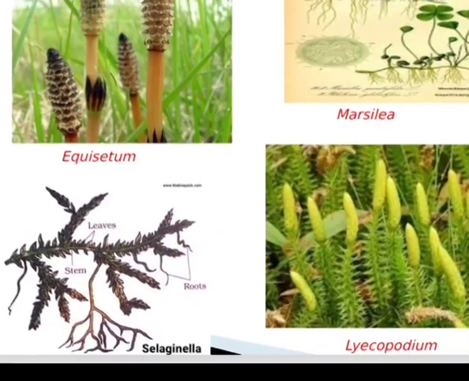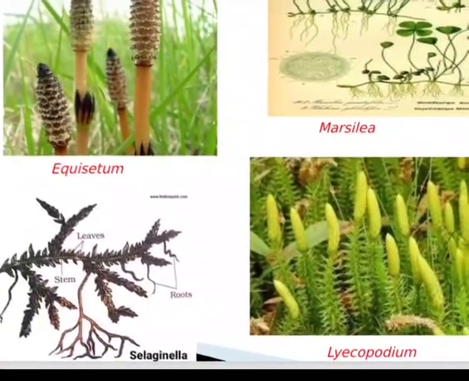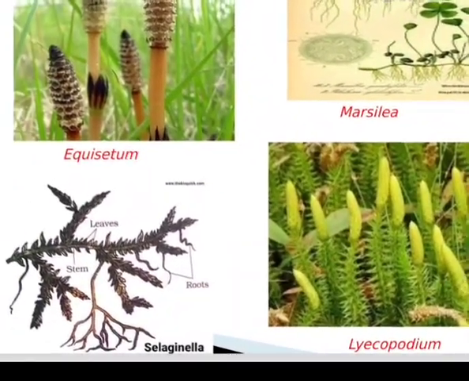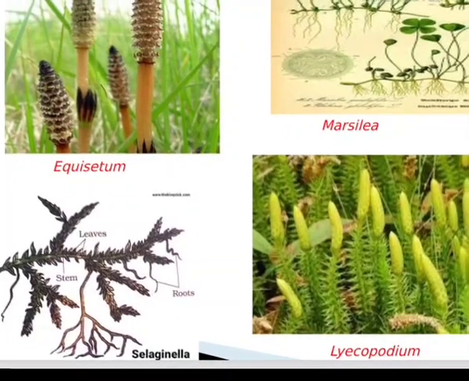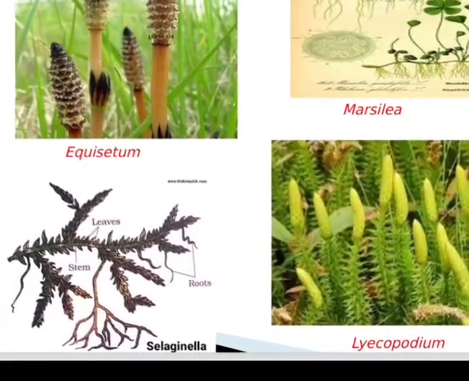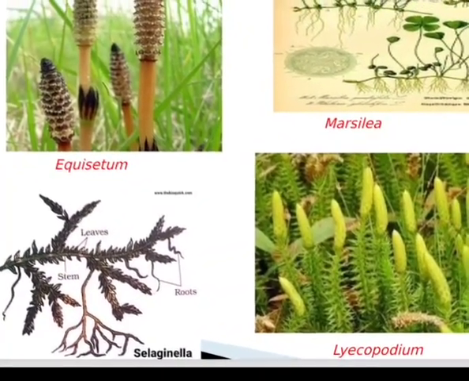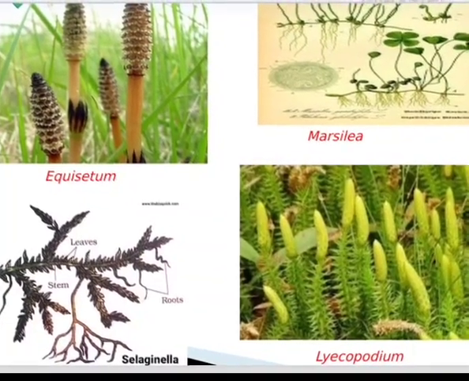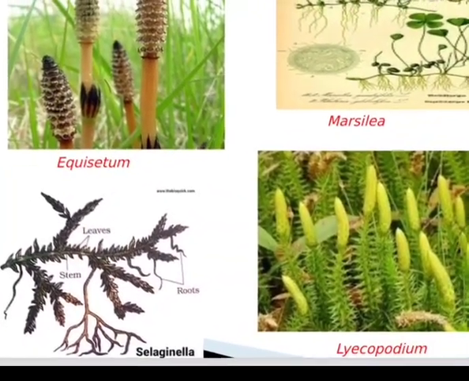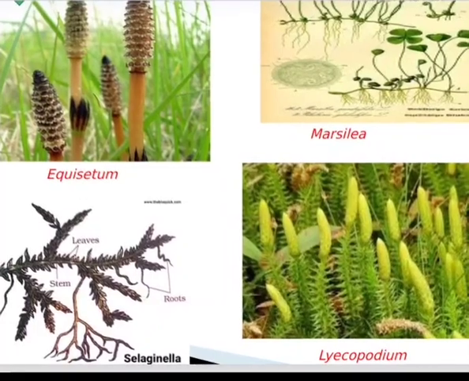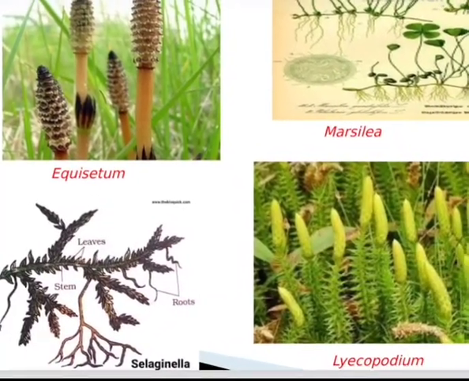You can see it in this diagram. This is a picture of Equisetum, this is Marsilea, this is how Lycopodium looks, and this is the structure of Selaginella.